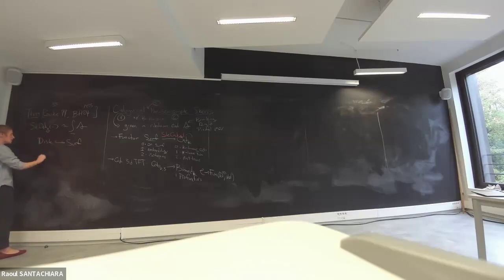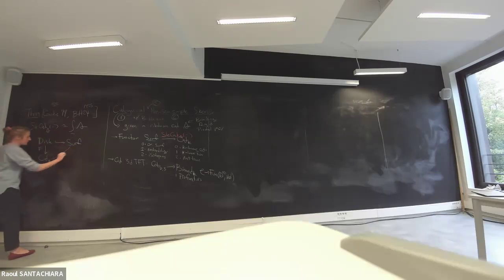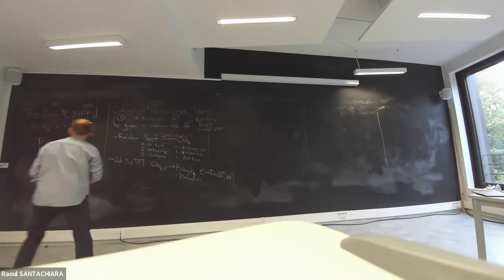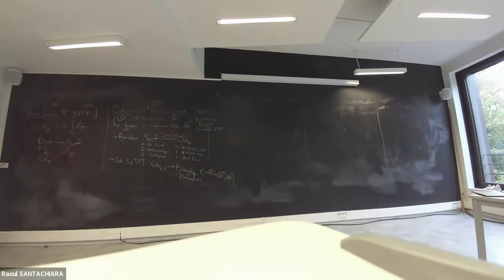And here I have some functor from Disk to Cat. Factorization homology is more general than this, but this is what we need. Factorization homology is just some way of extending that functor. It's defined using a colimit, but that's what it is.